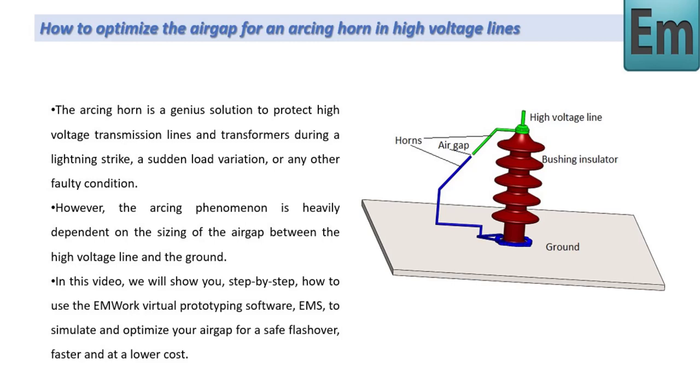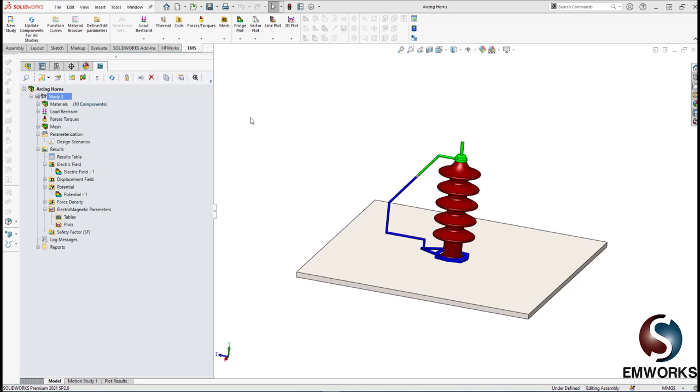In this video, we will show you, step by step, how to use the EMWorks virtual prototyping software, EMS, to simulate and optimize your air gap for a safe flashover, faster and at a lower cost.